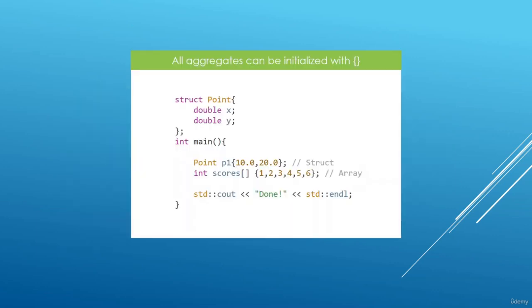In this lecture, we're going to make it super clear that we can use this kind of initialization on many aggregates. In the last lecture, we have seen that we can do this on a class or a struct, but we can also do this on an array. You see that we can use this way of initializing things, and it is going to work.